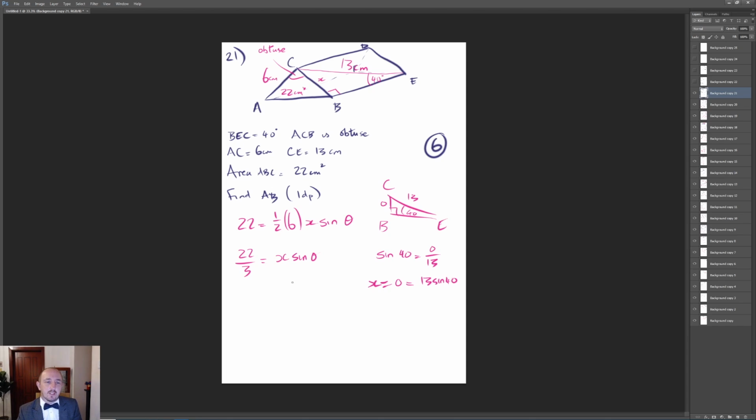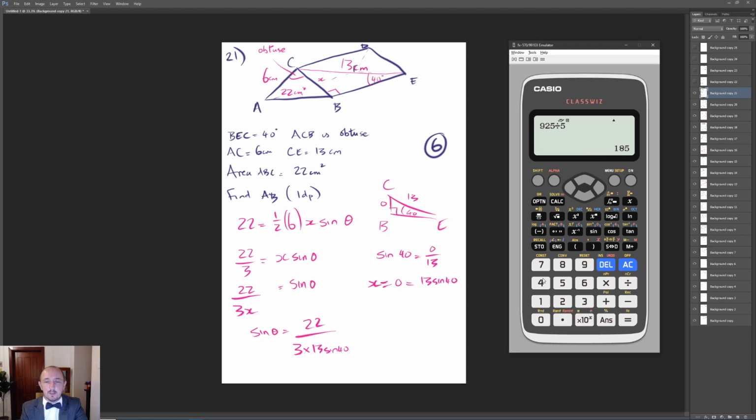So now we can find out sine theta is equal to 22 divided by 3x, because we're just dividing both sides by x, and we can substitute for x as well. So sine theta equals 22 over 3 lots of x. So 3 times 13 sine 40.